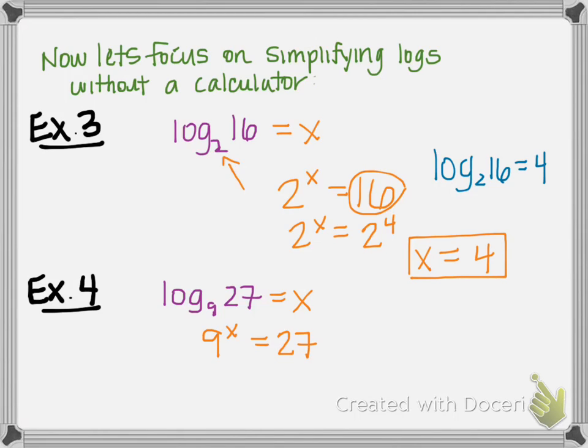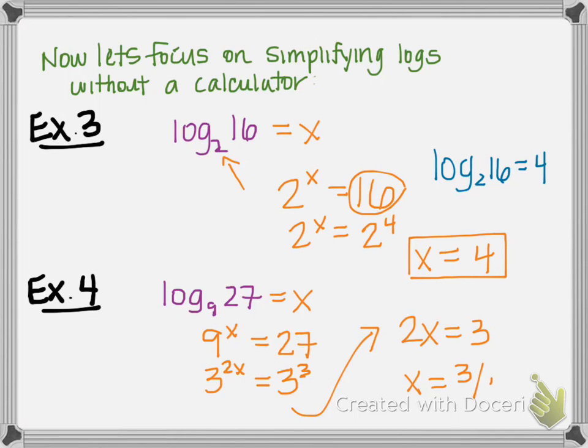We do have to change both sides. 9 is the same thing as 3 squared. So 3 squared to the x is 3 to the 2x. And 27 is 3 to the 3rd power. Once you get those like bases, you can then set the exponents equal and continue solving. Okay, so if I divide by 2, I get my final answer here as 3 halves.